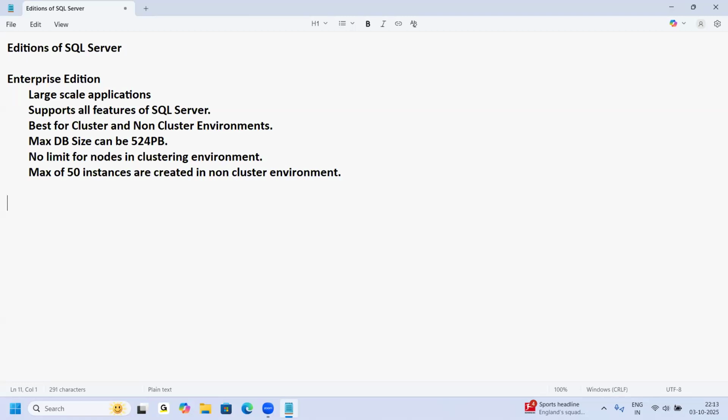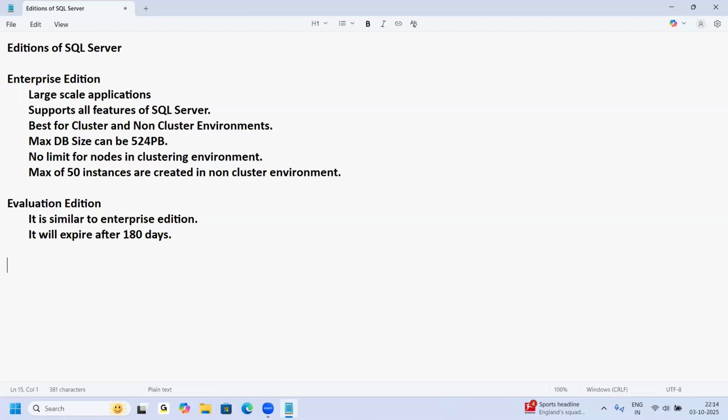Now, similar to this, we have one more called Evaluation Edition. It is similar to Enterprise Edition. It will expire after 180 days.